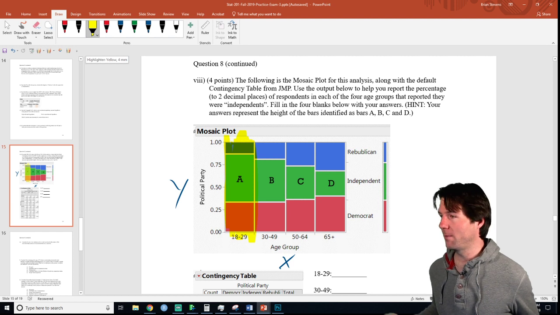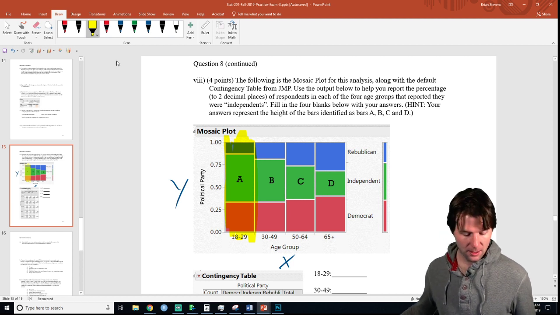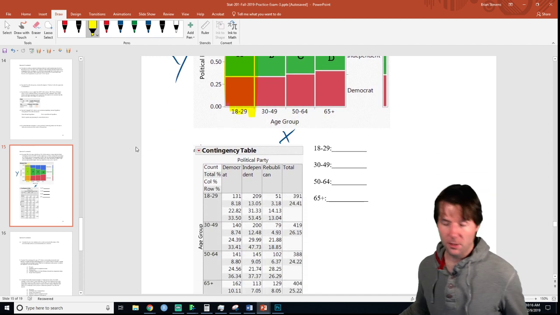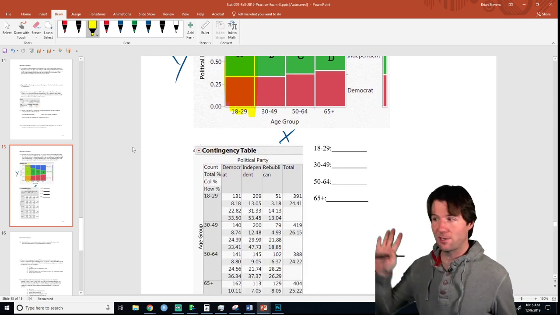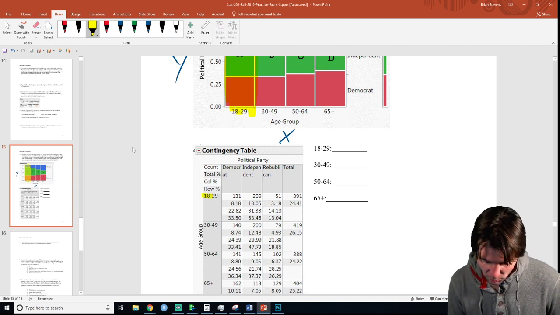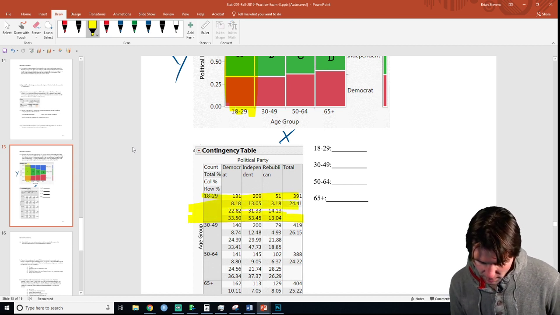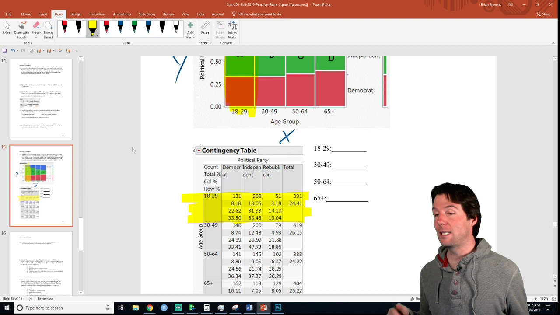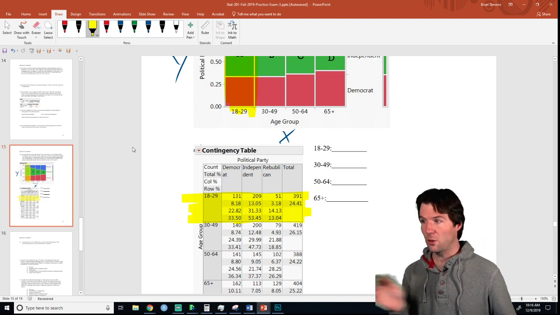Every single one of them is 18 to 29. You might think you want to go this way, but don't. You just want to do this right here. Every single person there is 18 to 29.